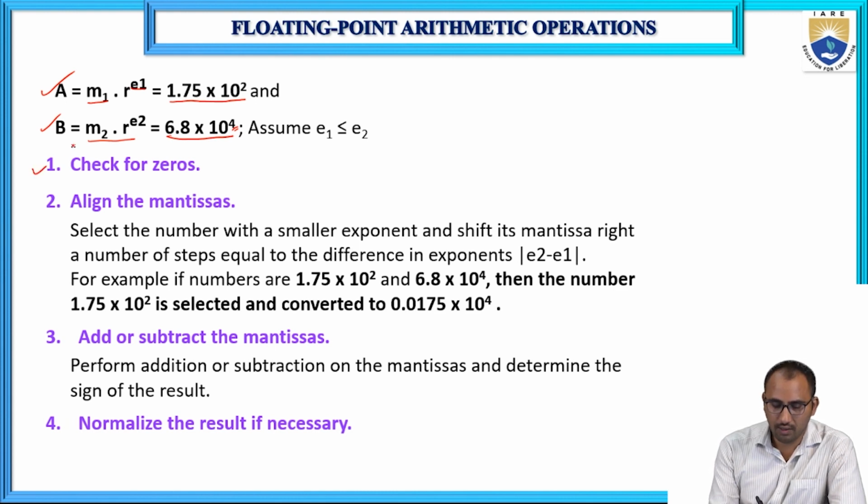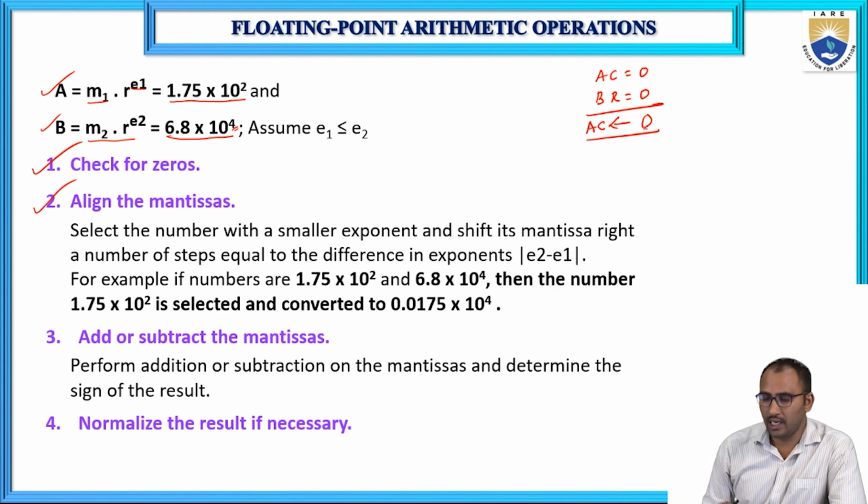We have finished the first part, checking for zeros. The second part, after checking zeros, is to align the mantissa. In the first step, if both the accumulator register and the BR register contain 0, then the result is 0, nothing to do, and the result will be stored in the accumulator register.